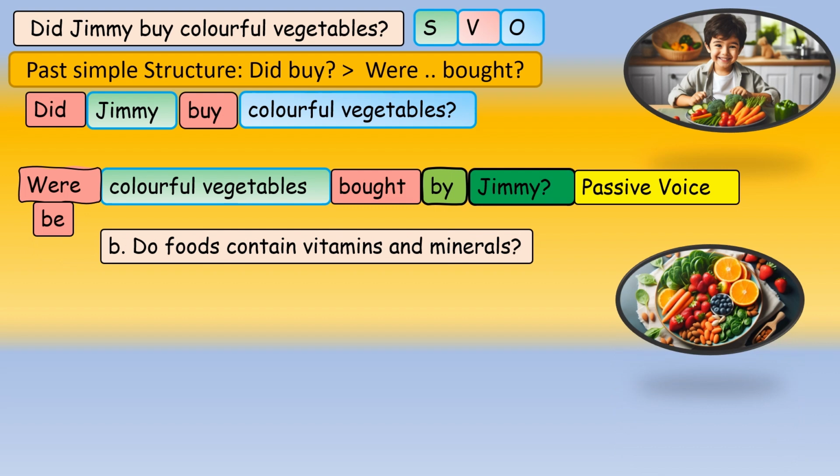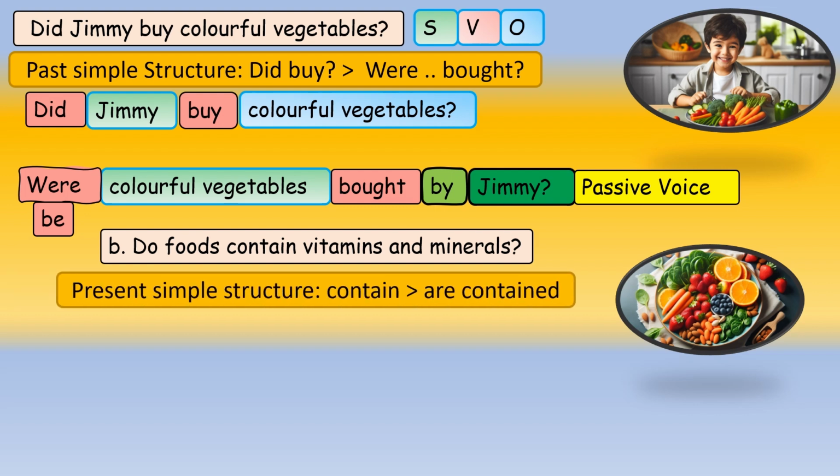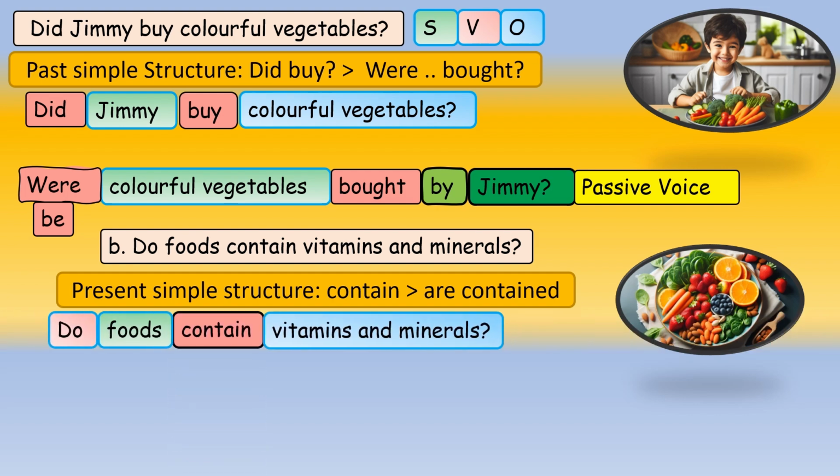Let's take another example. Do foods contain vitamins and minerals? Present simple structure, contain to are contained. Change it to a statement. Foods contain vitamins and minerals.